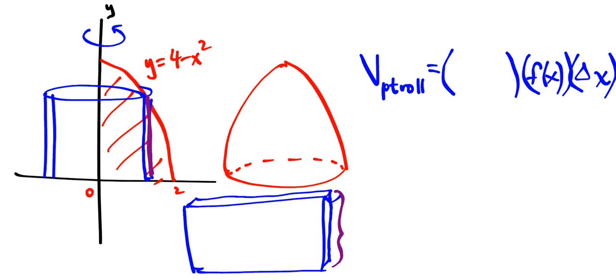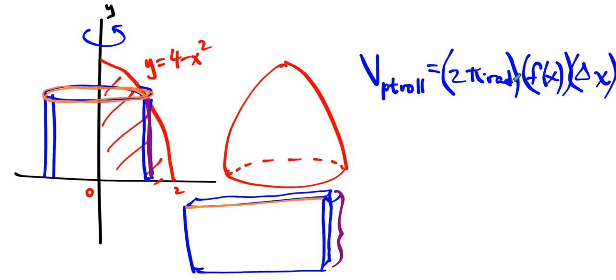And then there's this question. Where is this distance in this picture? Well, this distance is here. It's the circumference of a circle. So how do you find the circumference of a circle? It's 2 pi times the radius.